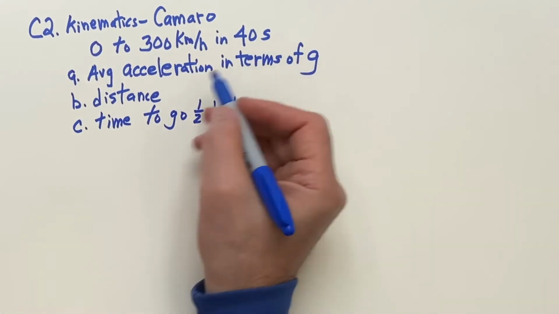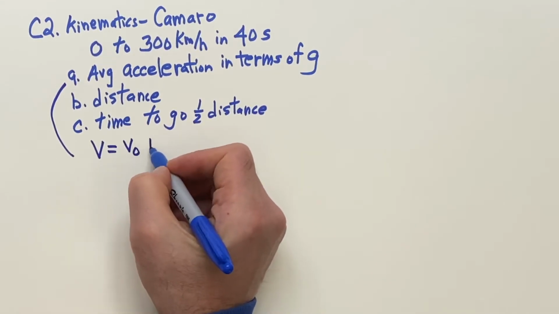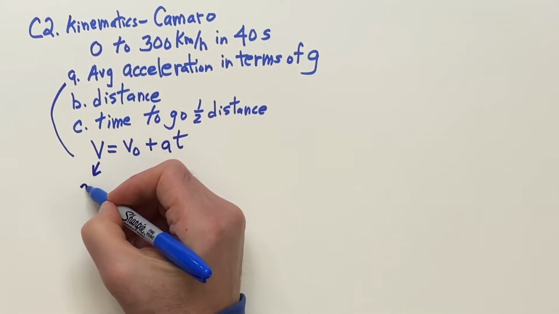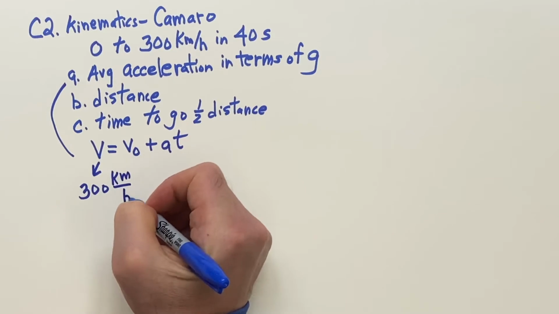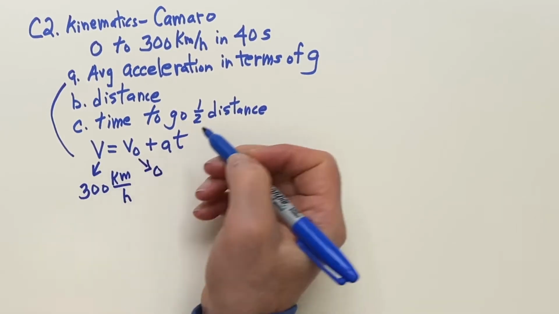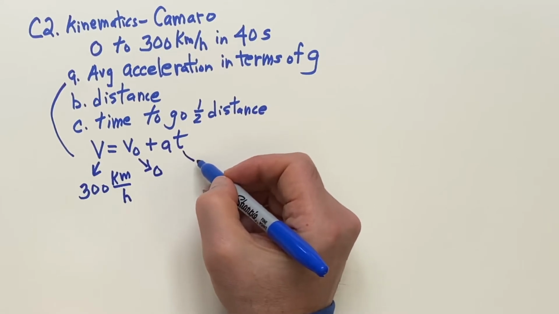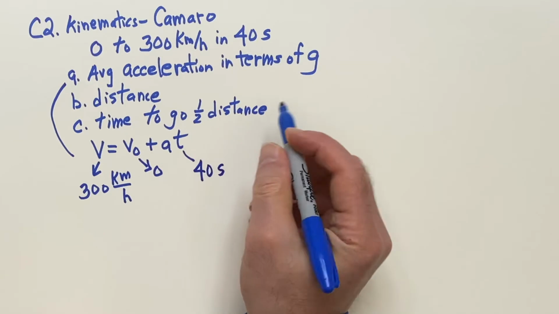All right, so to do the average acceleration, we use v is v naught plus at. We know that this is 300 kilometers per hour. We know that this is 0, starts from 0. And we know that the time is equal to 40 seconds.